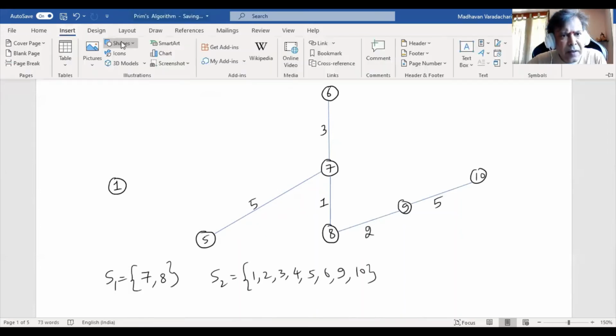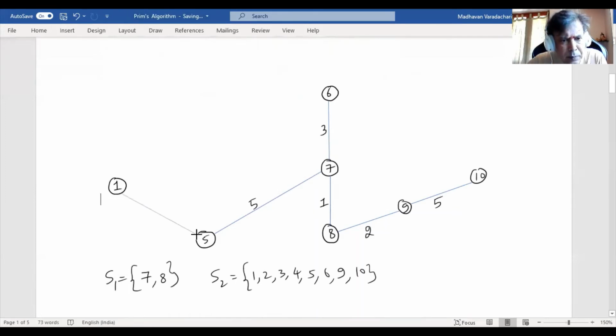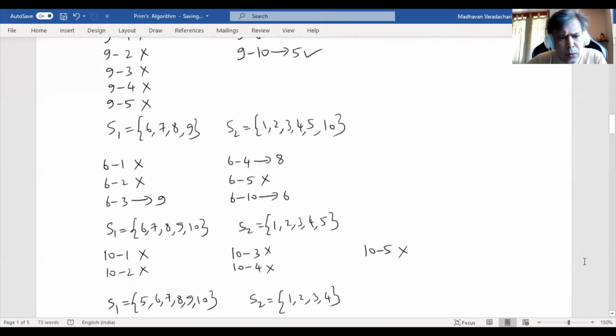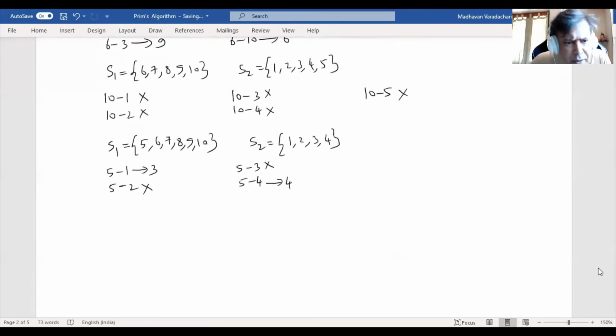Join this 1 and 5. And this is 3. So that means we need to add in our first set 1 also. So S1 will have 1, 5, 6, 7, 8, 9, 10. S2 will have 2, 3, and 4.